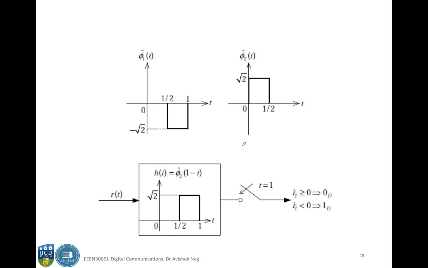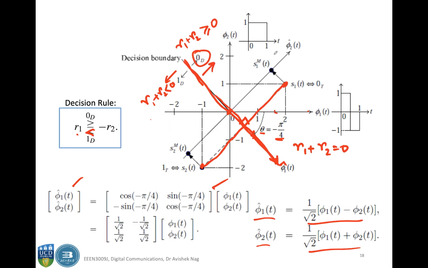So if you calculate S1m(t), which is, let's say, S1(t) minus the component of S1 along the phi 1 hat direction. So basically this will be the integral of S1(t) times phi 1 hat(t) dt.